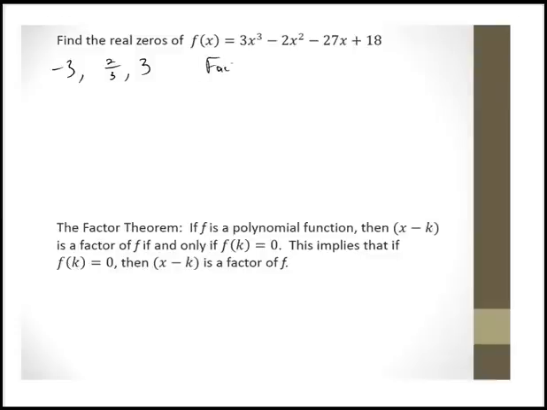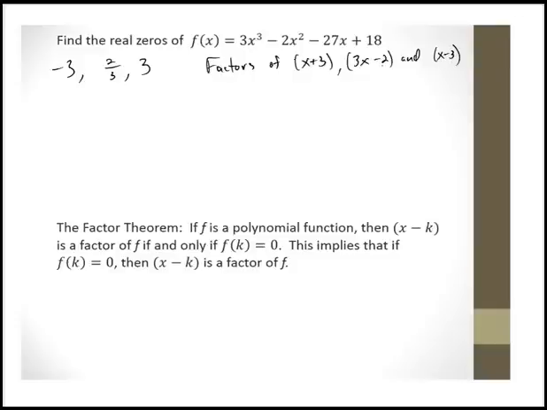We had factors of x plus 3, 3x minus 2, and x minus 3. And so you notice that there's a relationship here.